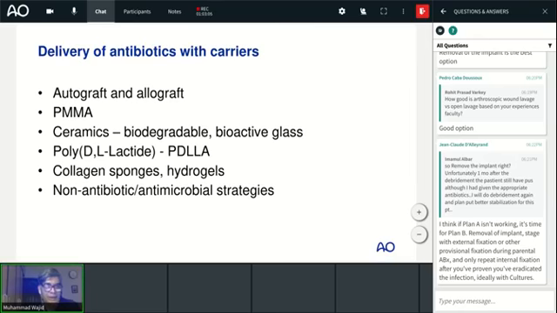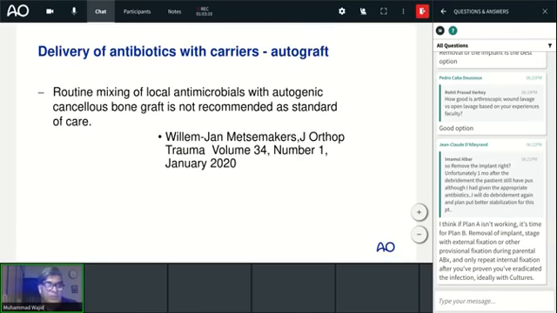So my remit is basically for the resorbable ones. So can we mix the antibiotic with an autograft? Because once we are putting an autograft, is it possible? Routine mixing of local antimicrobials with autogenic cancellous bone graft is not recommended as standard of care.